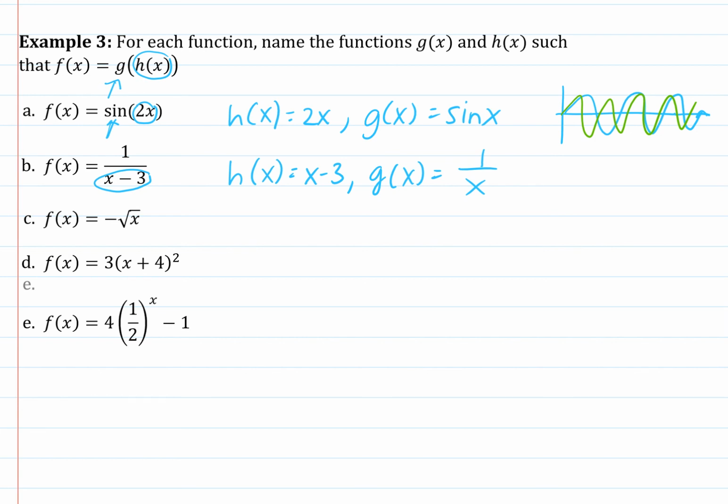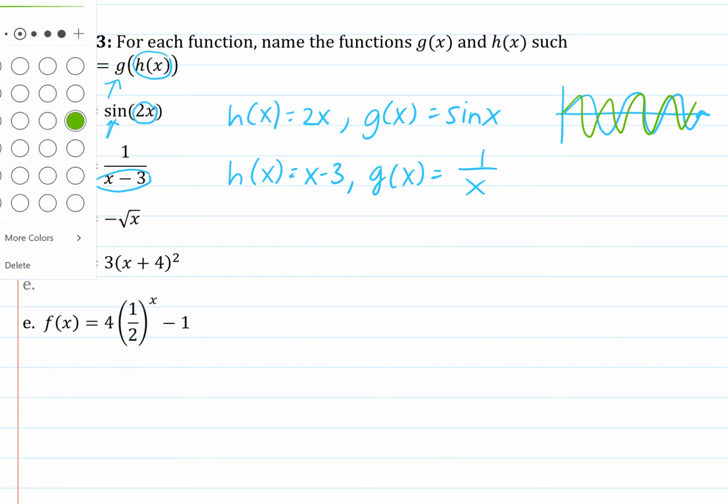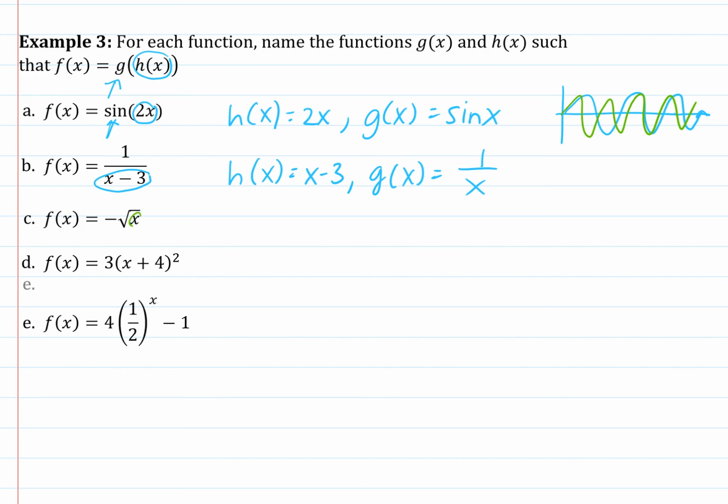There are many different correct answers for these. For example, a really boring answer would be to say, okay, let's just call the inner function here h of x is just x, and the outer function is negative square root of x. This is true, but frankly, it's not going to help you that much next year. So let's think of a slightly more interesting example. Maybe I think of the inner function as square root of x.